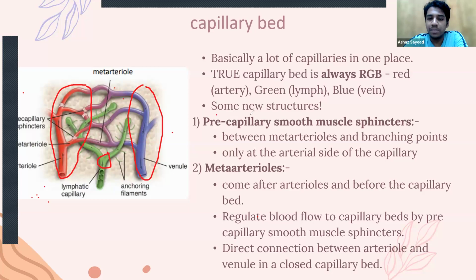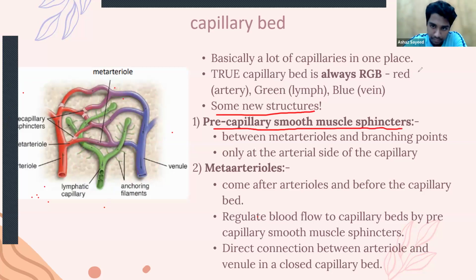Now we have some new structures you have to know in the context of capillaries. We have something called a pre-capillary smooth muscle sphincter. Big name. Let me tell you what it does. You know how there's an arteriole and then you have the capillaries. It's not necessary that blood will go through every single capillary in the capillary bed. The capillary bed is a collection of many capillaries.